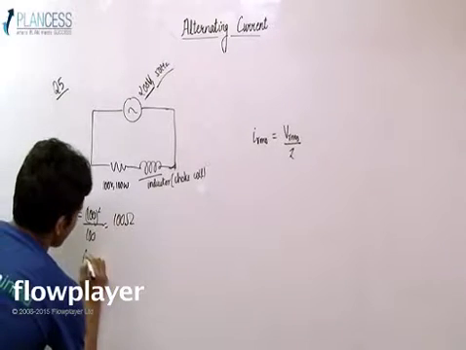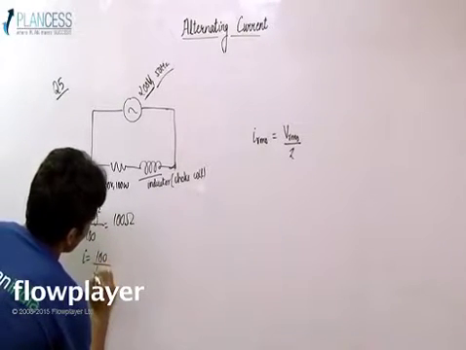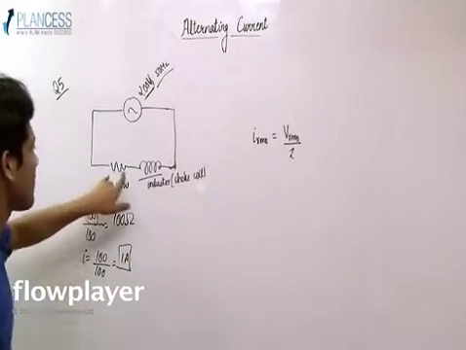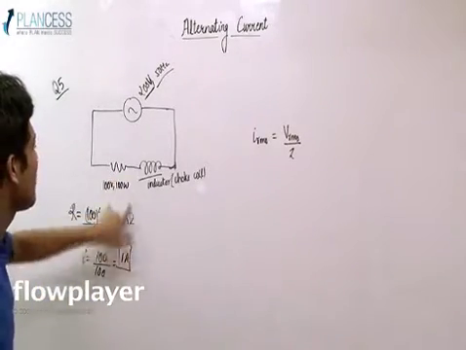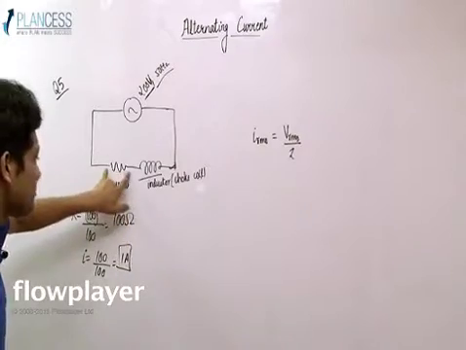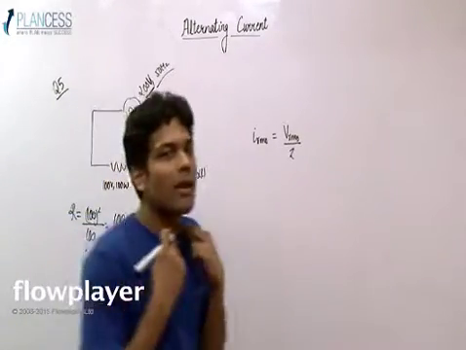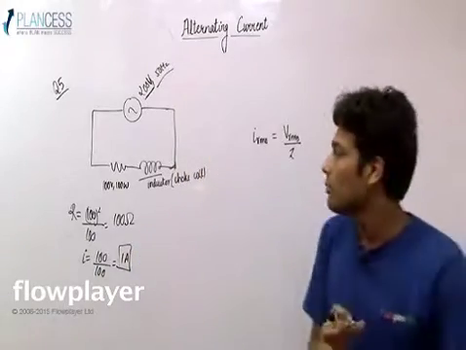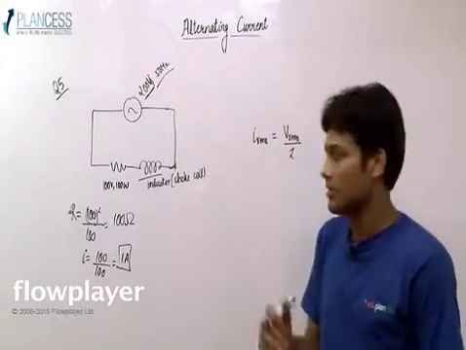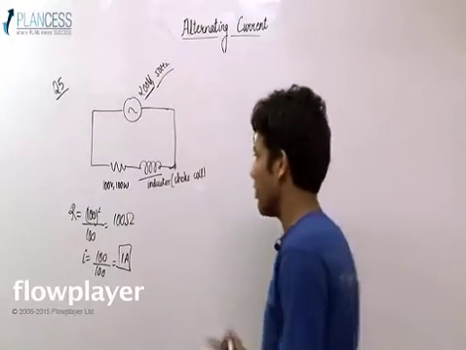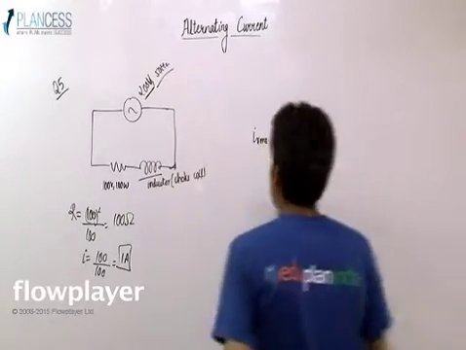If 100 volt is applied across a resistance of 100 ohm, then the current passing through the resistor must be 1 ampere. That means the root mean square current through this resistor must be 1 ampere, so that it emits 100 watt power and not more than that. That means IRMS is 1 ampere.